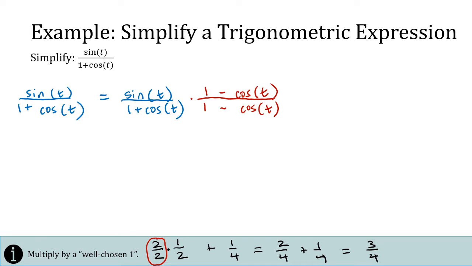Now, why the conjugate works so well is because we end up multiplying a binomial like a plus b by something that looks like a minus b. You may remember from previous classes that when you FOIL this out, you get a to the second power, so a times a, and then you multiply a times minus b and a times positive b.